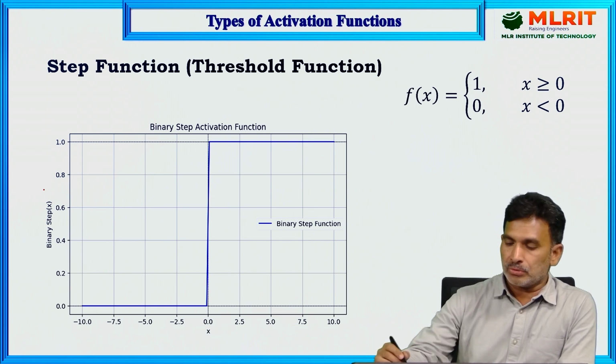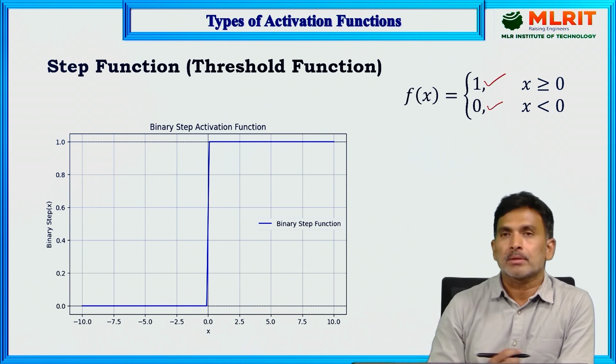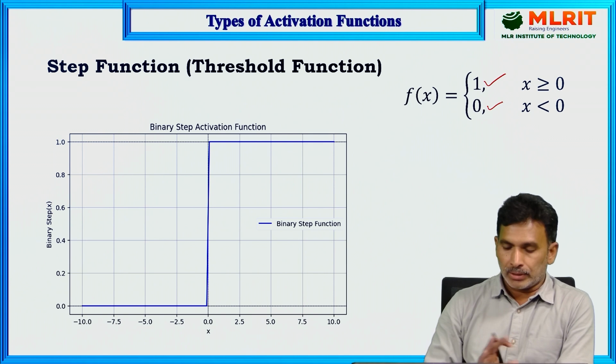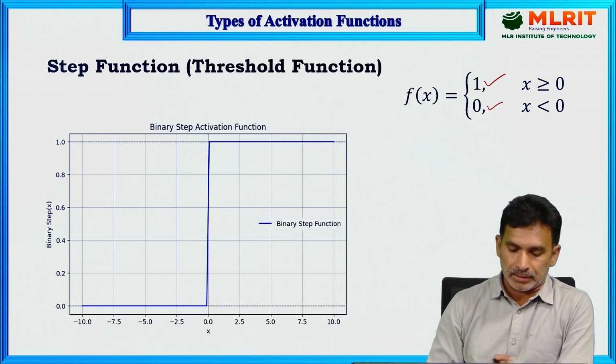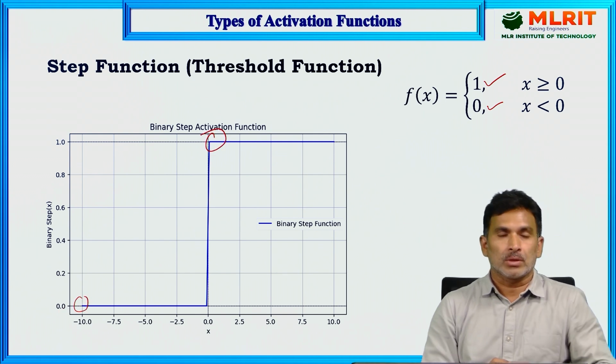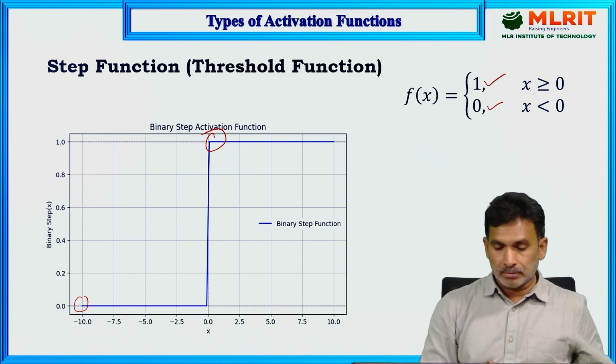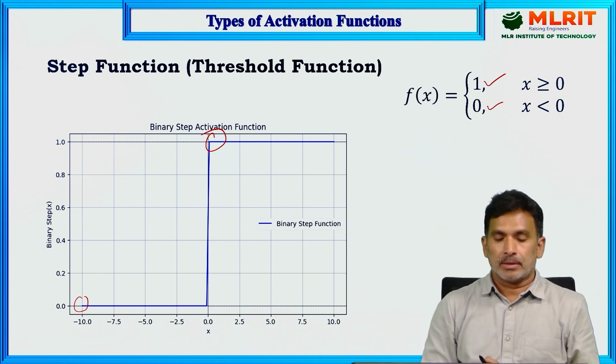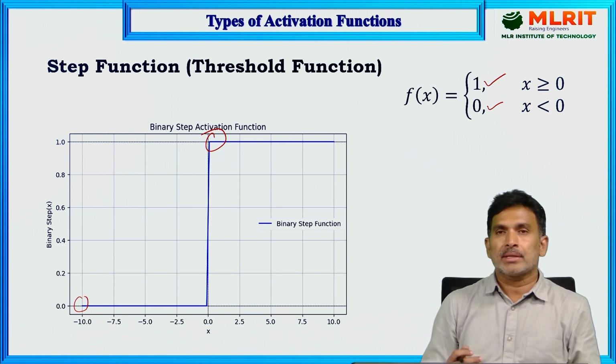It produces output of either 0 or 1, so it is a binary output. In the graph you can see the values produced are only at either extreme, 0 or 1. So this is only for binary classification.